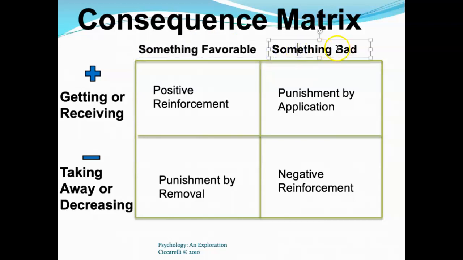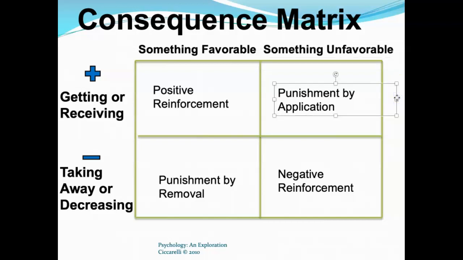And then here, something unfavorable. Okay? And hopefully I spell that right. And again, it really is about being favorable to the individual, being subjective, etc. It's got to be something that the individual prefers. Okay? Otherwise, it doesn't work.